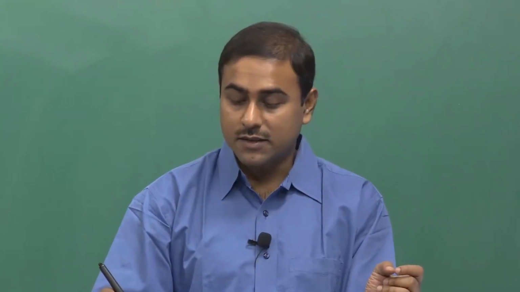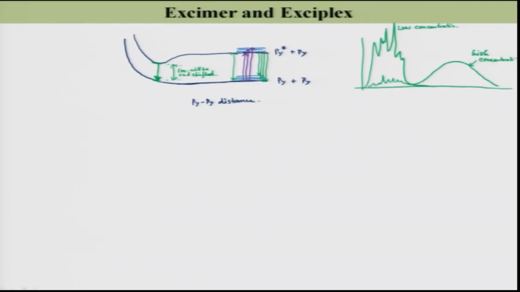In this case, what you can see is that this dimer formation in the ground state is not visible, right, because this is my intensity of fluorescence, and here is your lambda emission, right. But if you look at the absorption spectra of this molecule, you will not see any change.